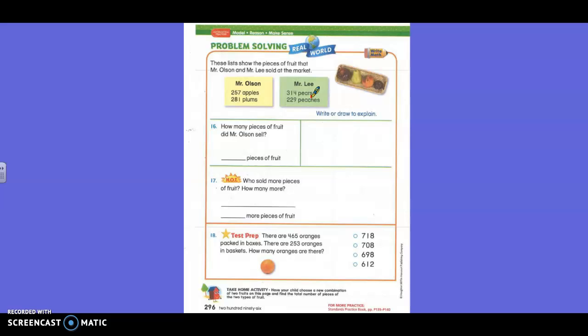Okay, so the question 16 says, how many pieces of fruit did Mr. Olson sell? So you just have to look at these. Mr. Olson sold these two numbers, so you add and put them on there.